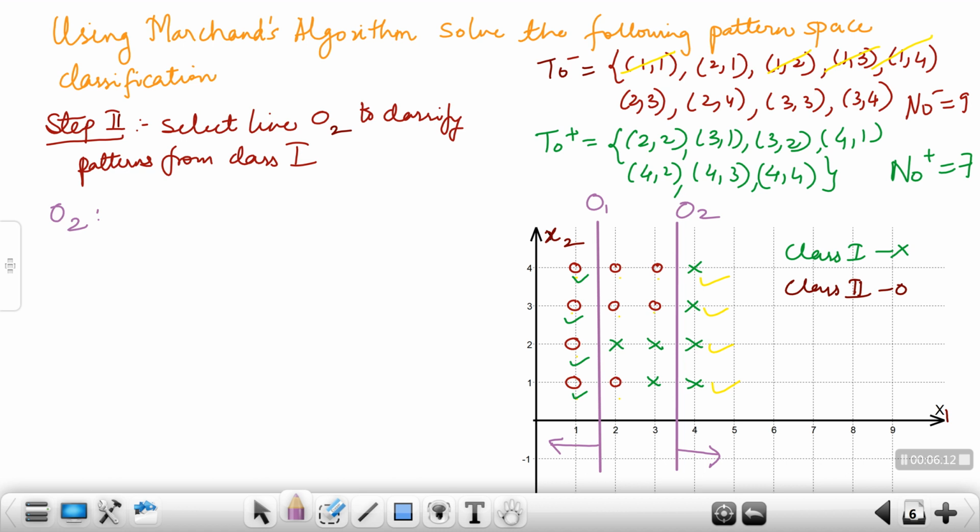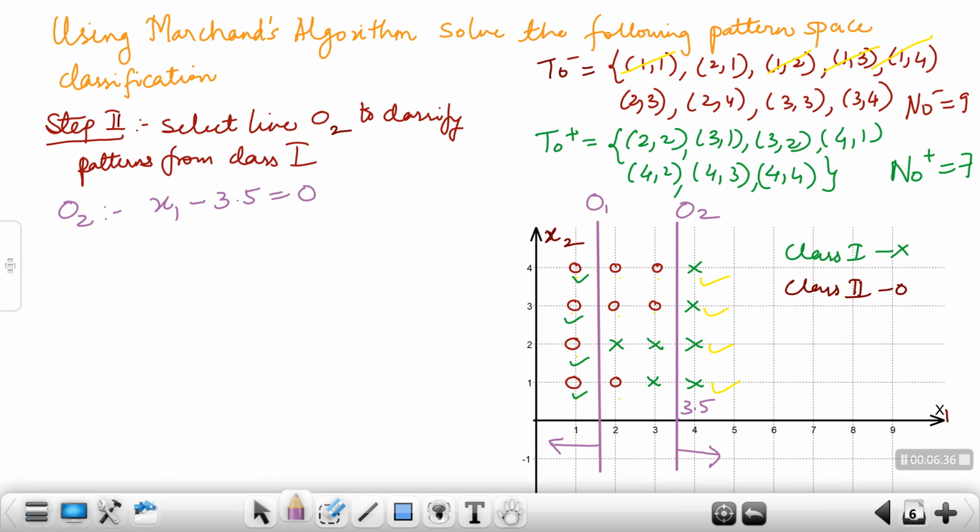So the equation of this particular line, assuming this point is plus 3.5, we write the equation as x1 minus 3.5 is equal to 0. Now, is the (0,0) point lying here?